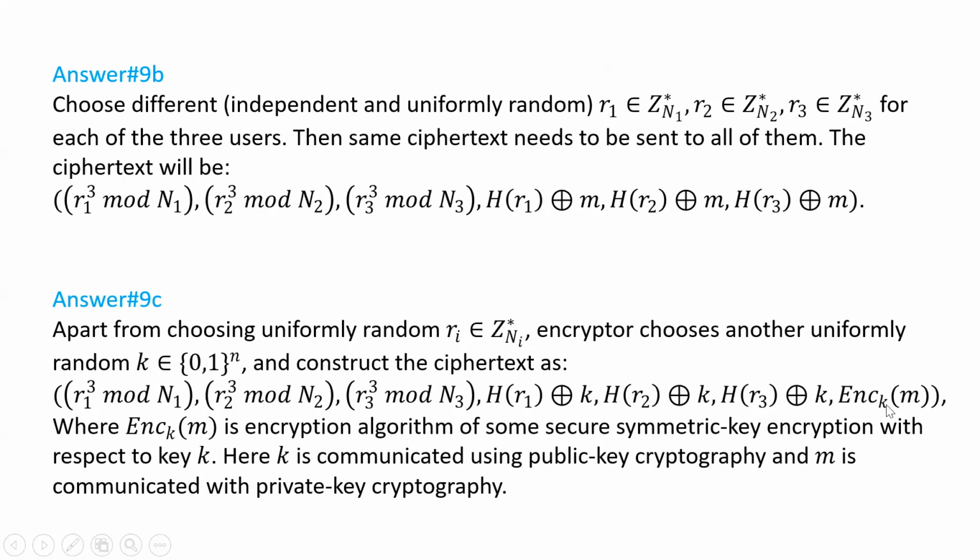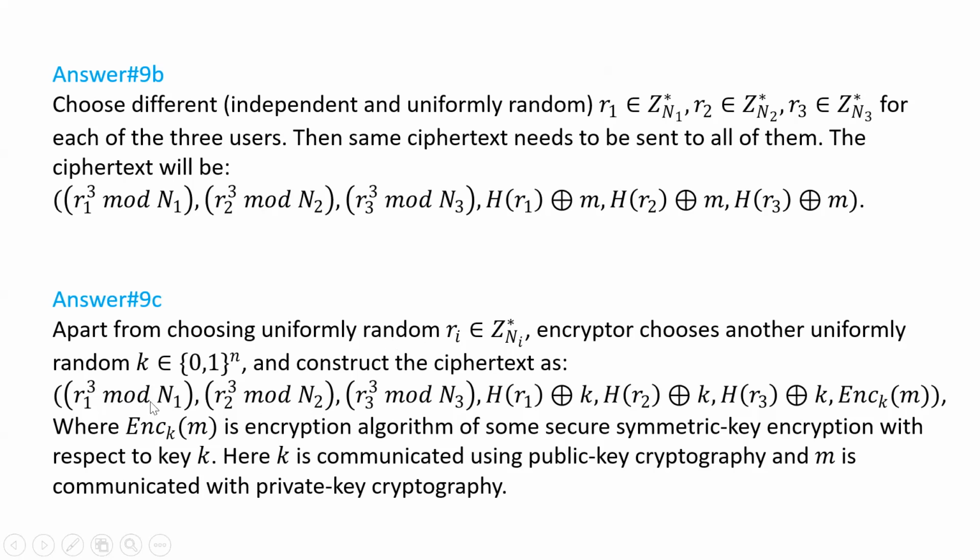And this key K is basically that symmetric key, uniformly randomly chosen from the key space of that symmetric key encryption scheme, and this key K will be first recovered by each of our parties.